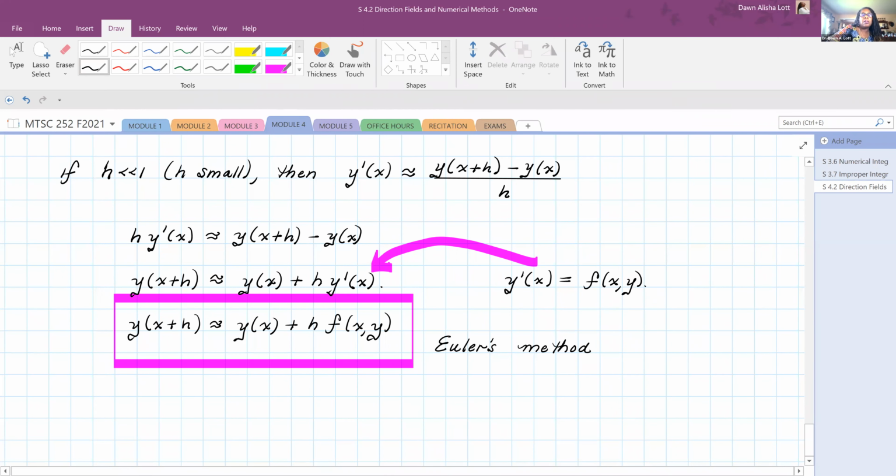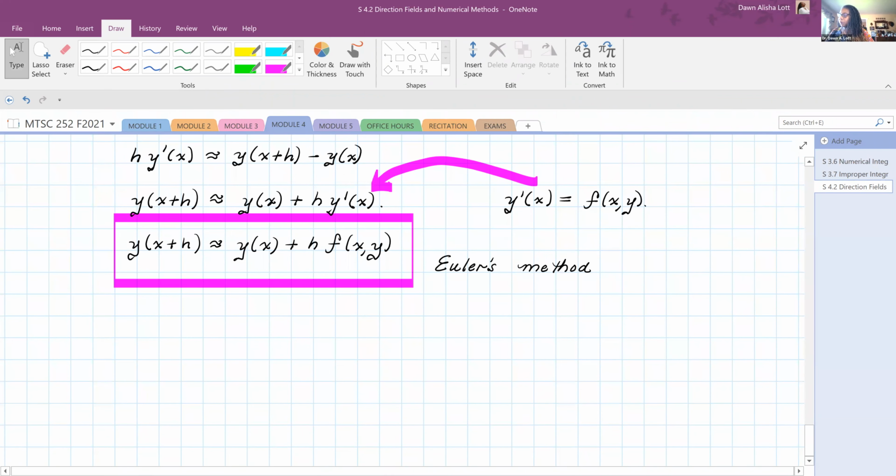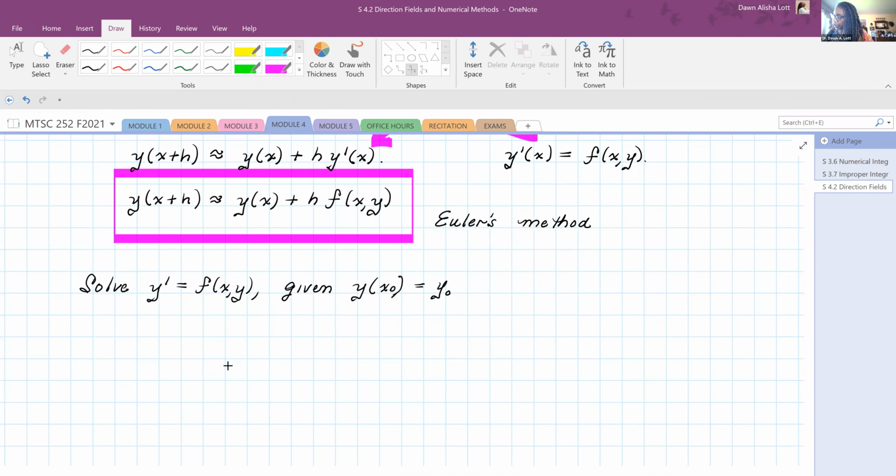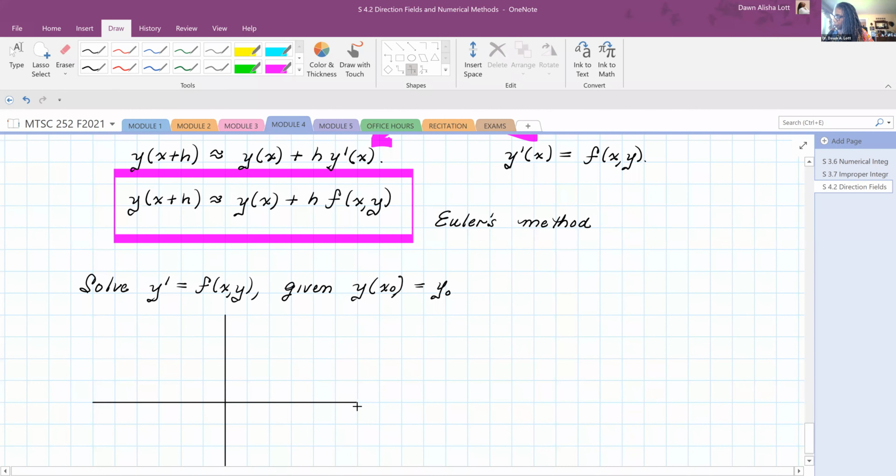Now why does that help me? Suppose I'm trying to solve y prime is equal to f at x, y, and I'm given y at some x naught is equal to a value y naught. So here's my grid.